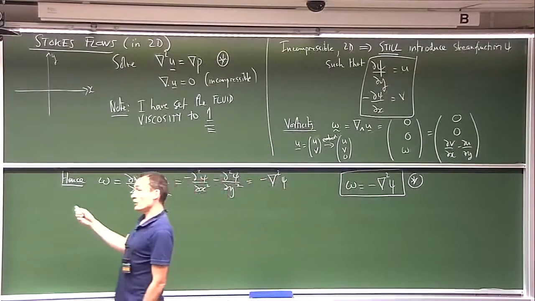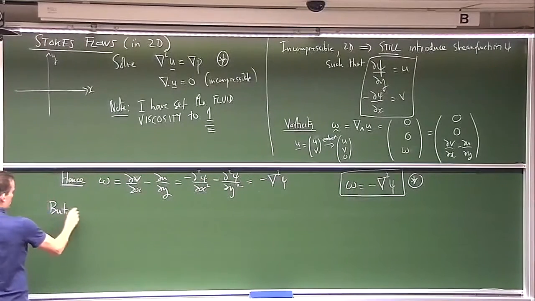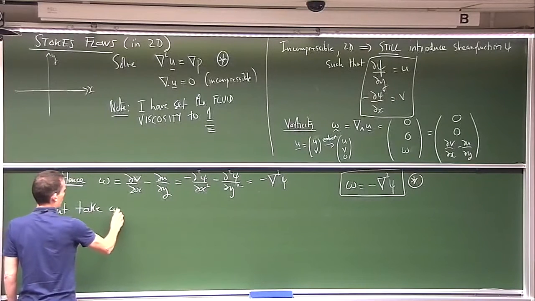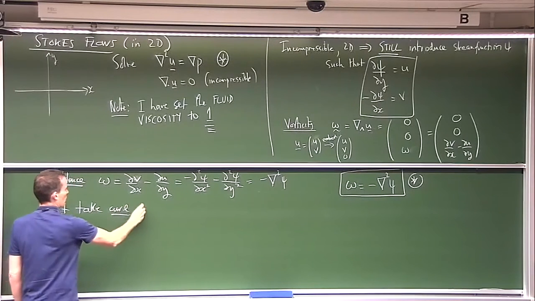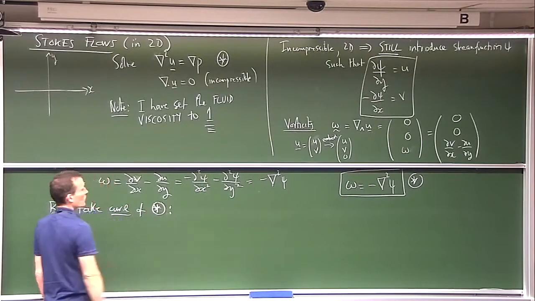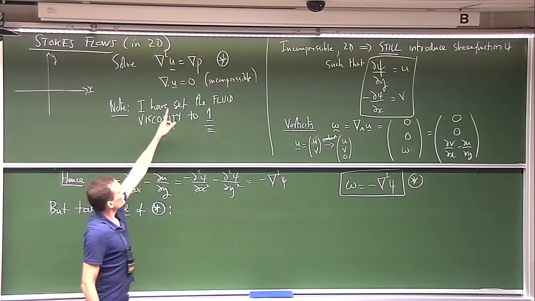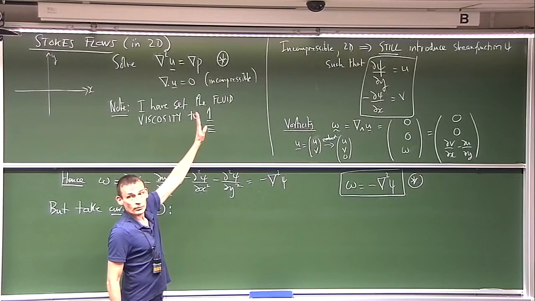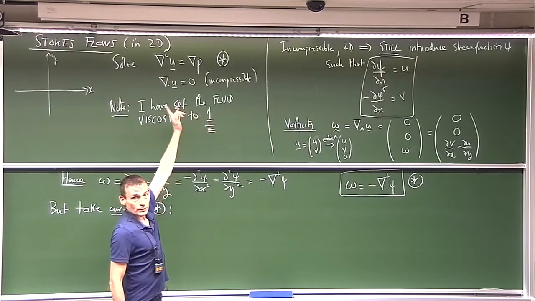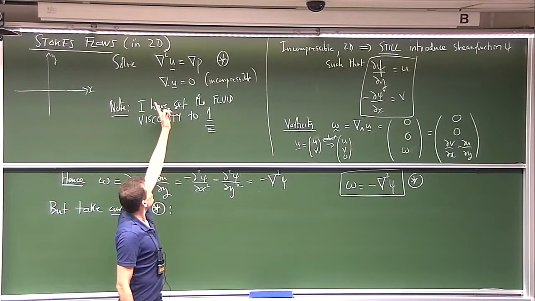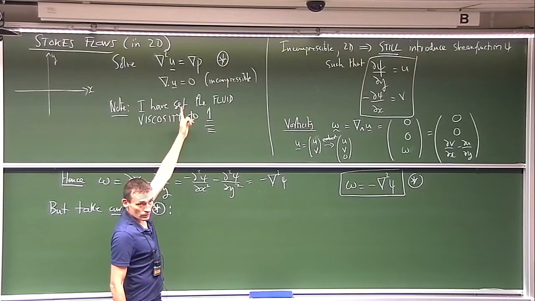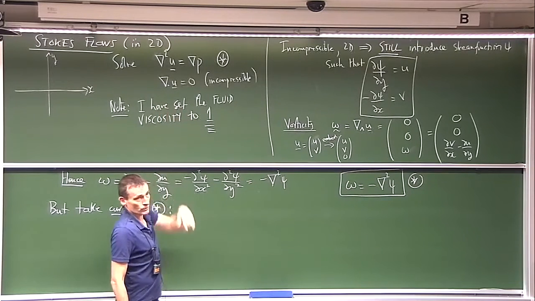But let's take a curl of the Stokes equations, once we've embedded in 3 space again, of course. The curl of grad P is 0. And the curl of the left-hand side is del squared of curl U, which is the vorticity.